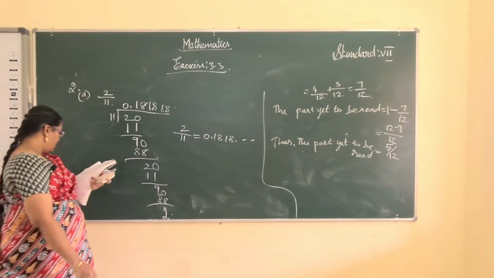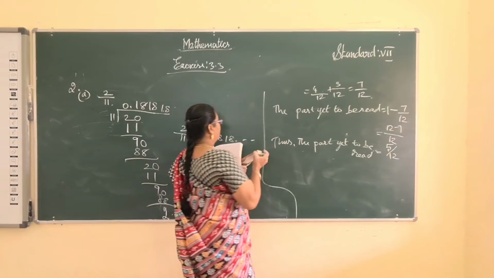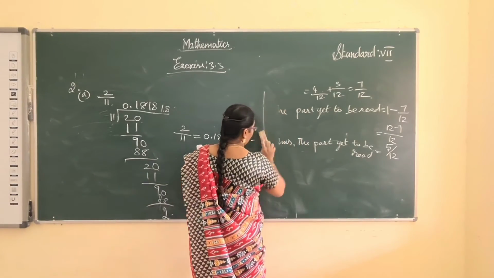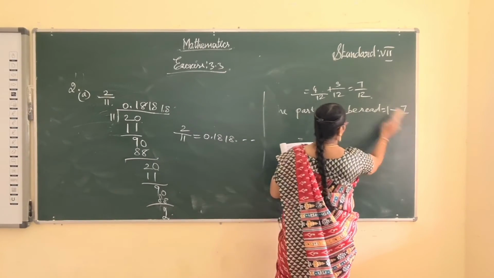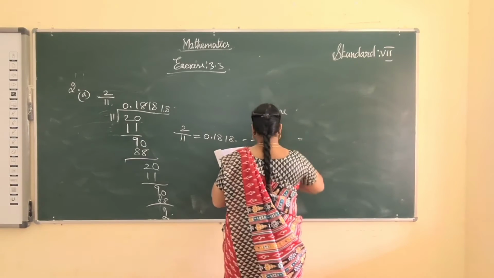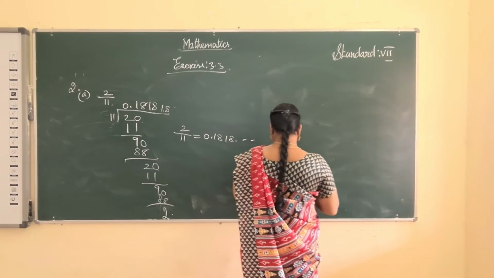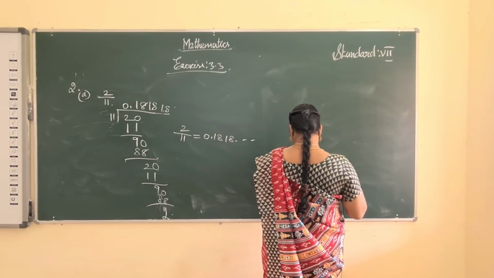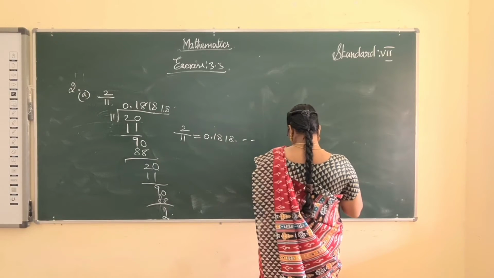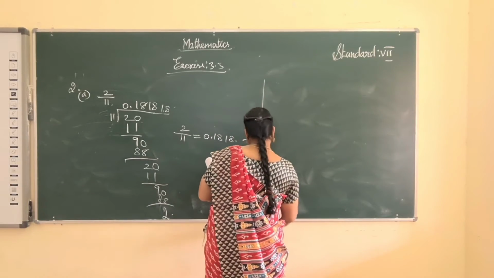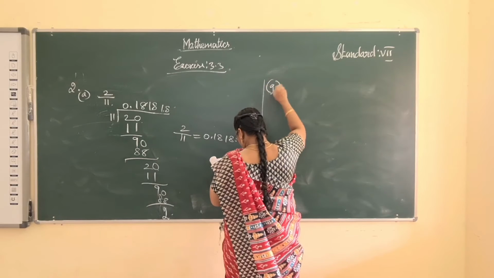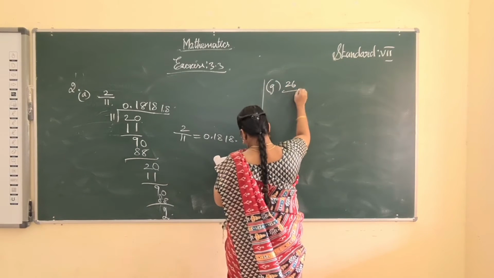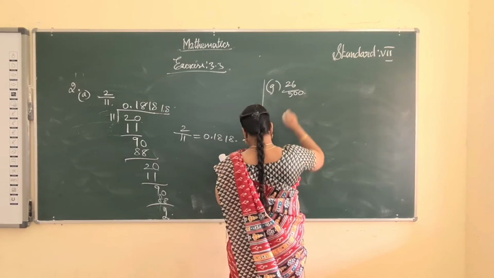Okay, let's see the next one. G problem. Remaining problems are homework. G is 26 by 500.